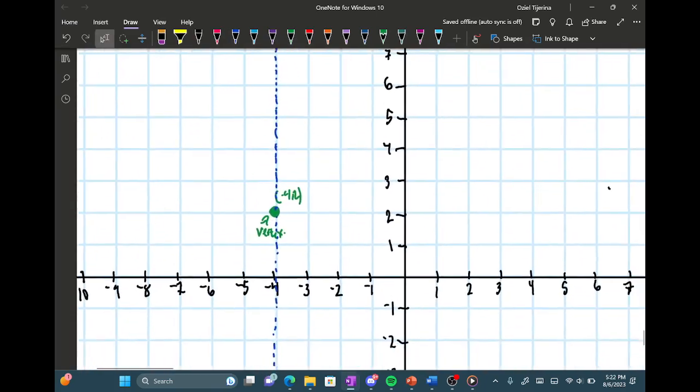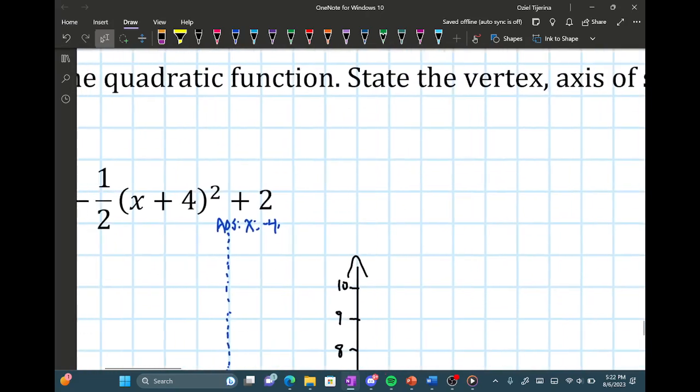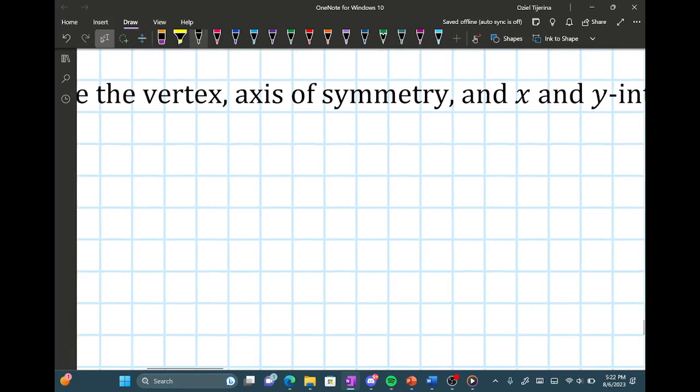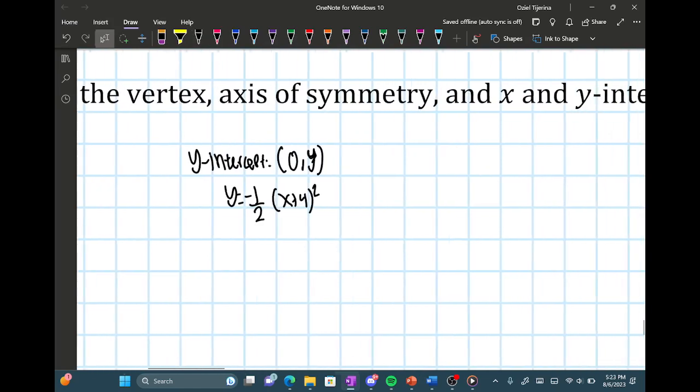Now we're going to find our y-intercept. If you don't remember, that is when x equals 0, so it's always at 0, y. We have y equals negative 1/2 times x plus 4 squared plus 2.